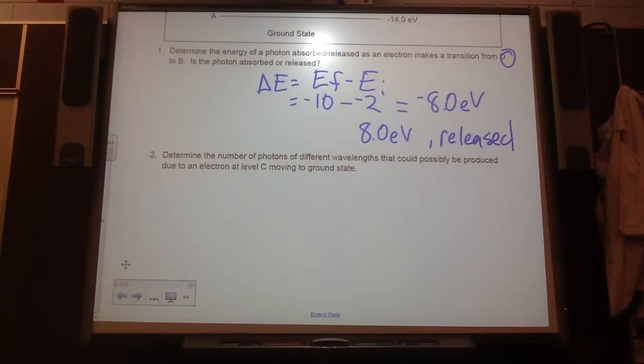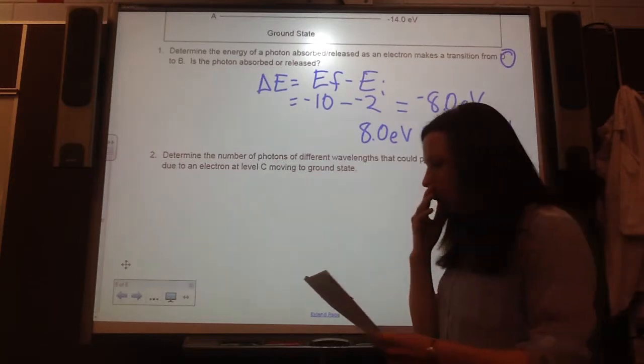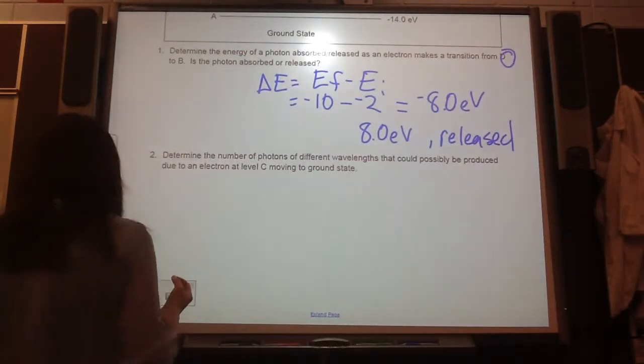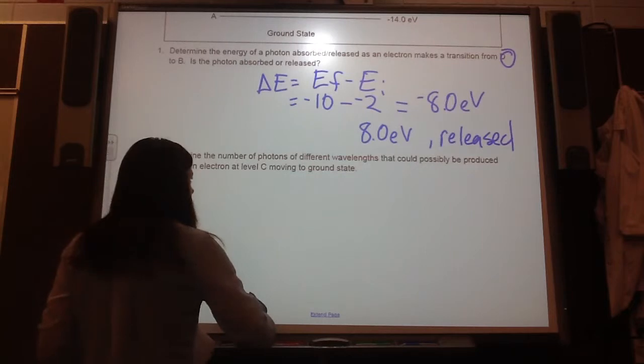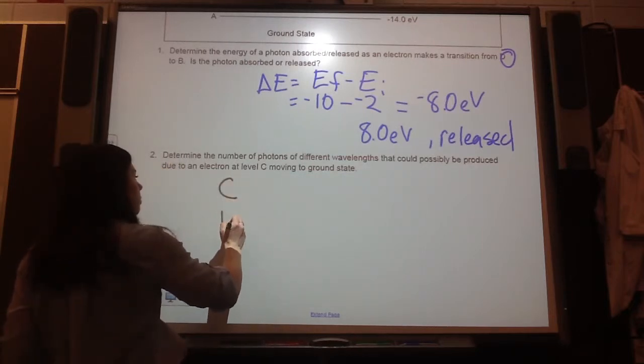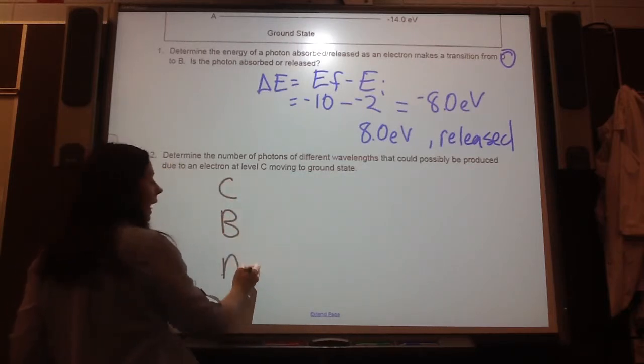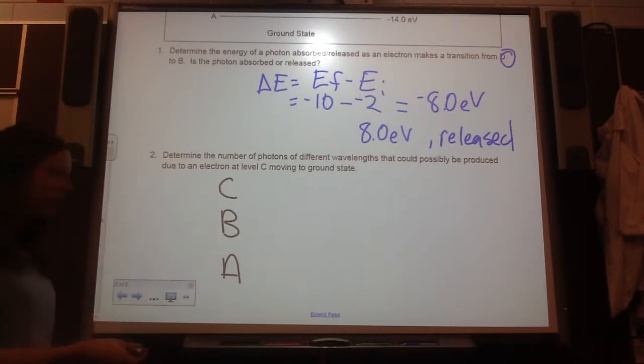Next one. Determine the number of photons of different wavelengths that could possibly be produced due to an electron at level C moving to ground state. So say you have C, B, and A. A is our ground state.